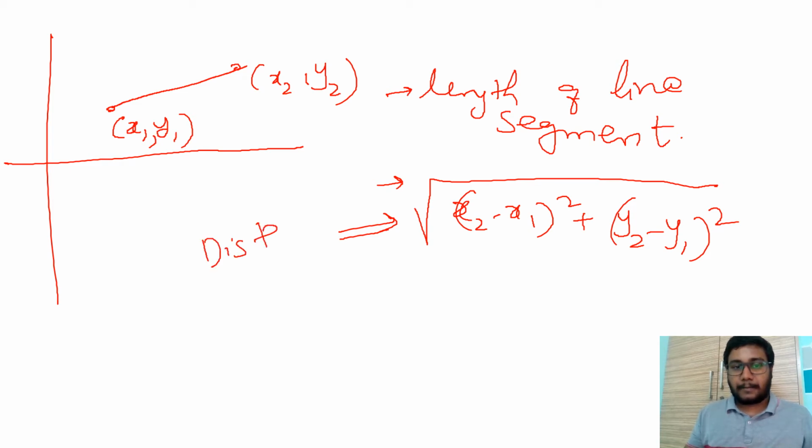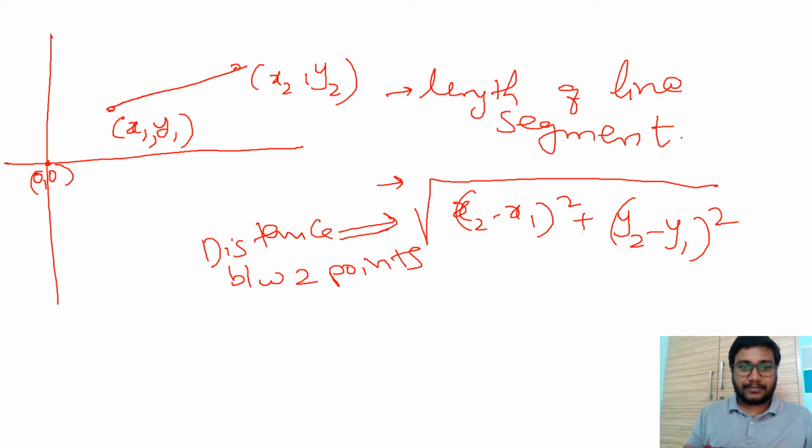This is the distance between 2 points. But how did we arrive at this equation? There must be some methodology or proof to arrive at it. Since this is the origin, it will be 0, 0, and this will be the x-axis and this the y-axis.